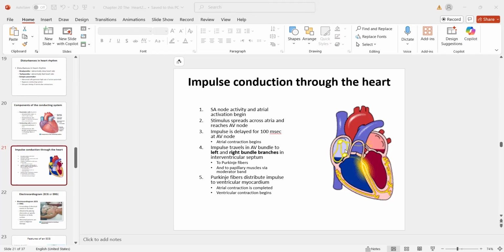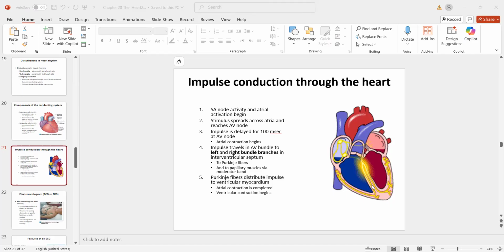This impulse is delayed for 100 milliseconds at the atrioventricular node. Then the impulse travels in the atrioventricular bundle to the left and right bundle branches, and then branches in the interventricular septum to the Purkinje fibers and papillary muscle via the moderator band.